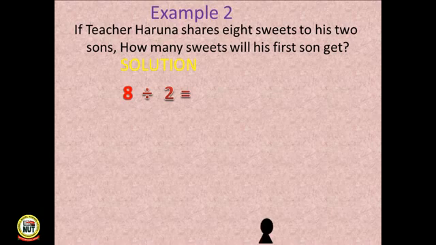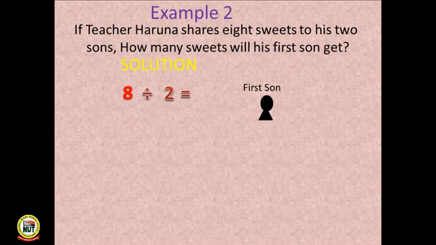Alright? So we're going to use our key tools to represent the divisor, which is 2, right? Very good. Here we have teacher Haruna's first son. The first son. Now this key tool represents teacher Haruna's first son. Are we together?